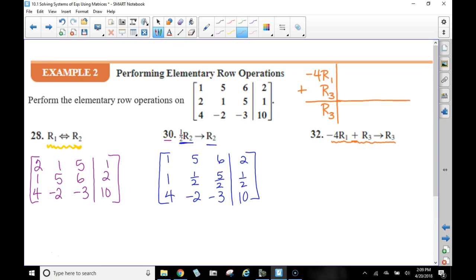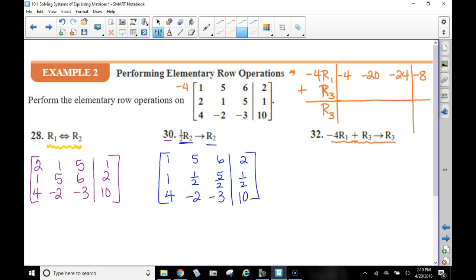So for this first line right here, if I take -4 times row 1, I'm going to now have entries that look like -4, -20, -24, augmented with, I didn't quite have enough room there, -4 times 2 is -8. I'm going to add that to row 3.